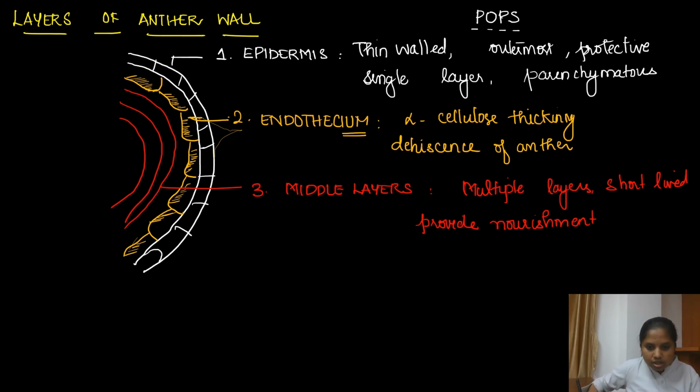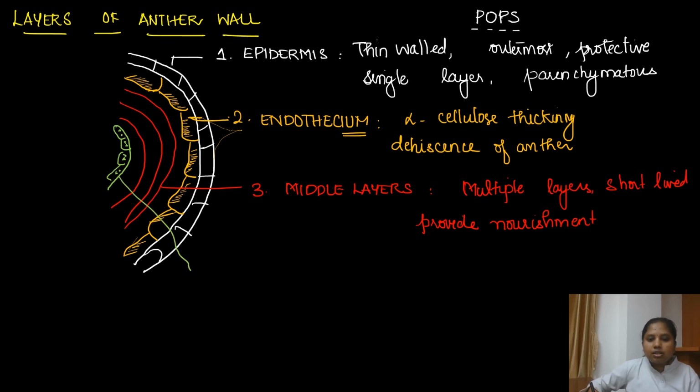And the last layer, or the innermost layer, which is most important, is the tapetal layer, the tapetum. Each of these tapetum cells is basically binucleate.